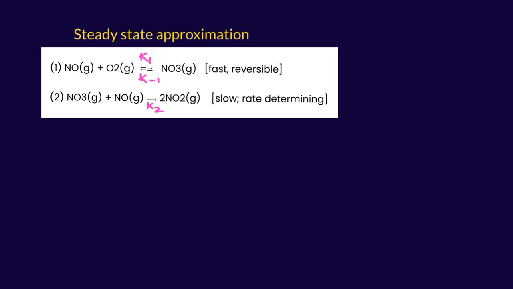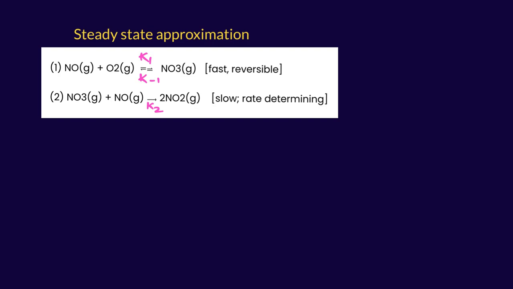Here is one mechanism: NO converts into NO3 in the first step with the oxygen. It is fast and reversible. NO3 plus NO converts to NO2, which is the slow and rate determining step. Based on this, we can write the rate law.